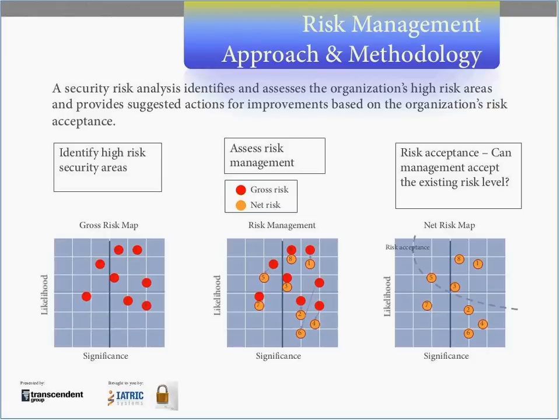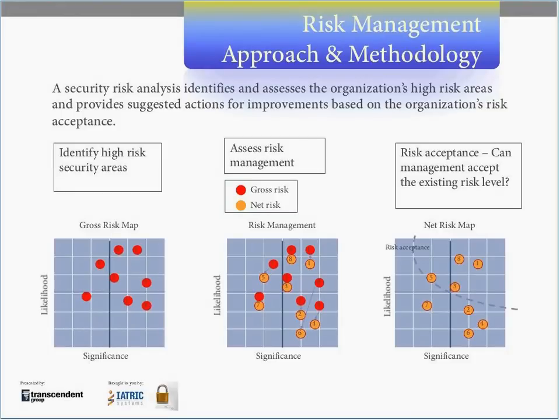What's the significance and what's the likelihood of, for example, the risk for a disaster, a fire. Then we need to assess, here in the middle, what controls we have to mitigate the risk, and what's the quality of these mitigating controls. And based on this information, we will be able to create a net risk map showing the net exposure for the organization.